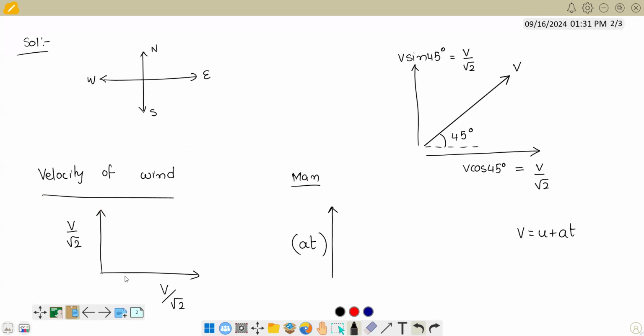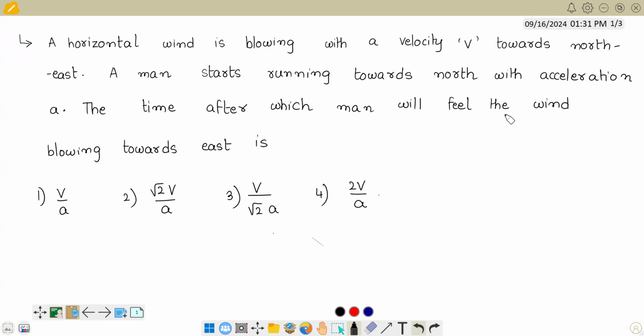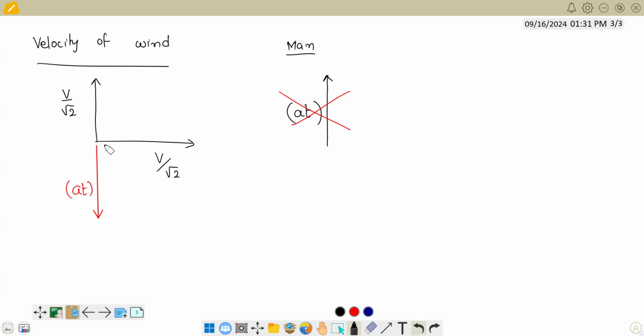Now let us come to the question. He is saying the time after which the man will feel the wind blowing towards the east. He will feel that the wind is blowing towards the east if the north component of the wind becomes 0. So we can write v relative equals v by root 2 towards east, and comma, v by root 2 minus at towards north.